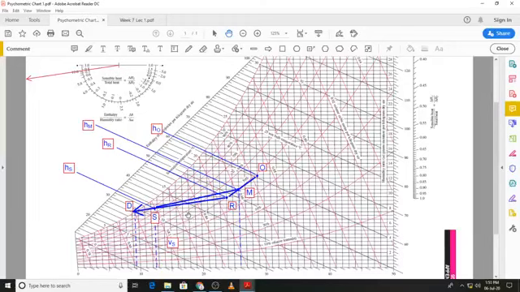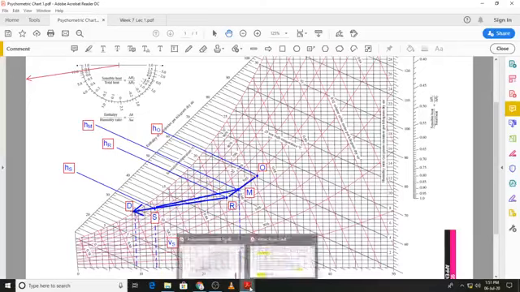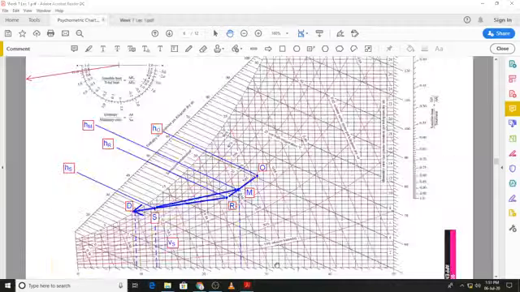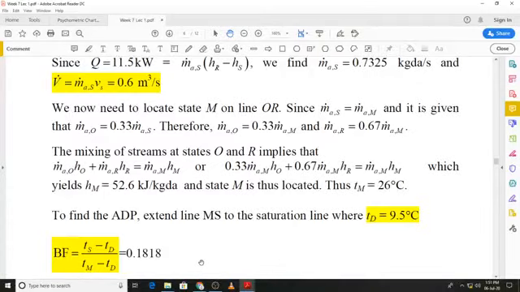In the denominator you have the ideal cooling range. If the air had been cooled ideally, it would have been cooled from state M to state D. So in the denominator we have Tm minus Td. We have all the temperatures at these states, and once we substitute those values, we will get the value of the bypass factor, which is around 0.182.